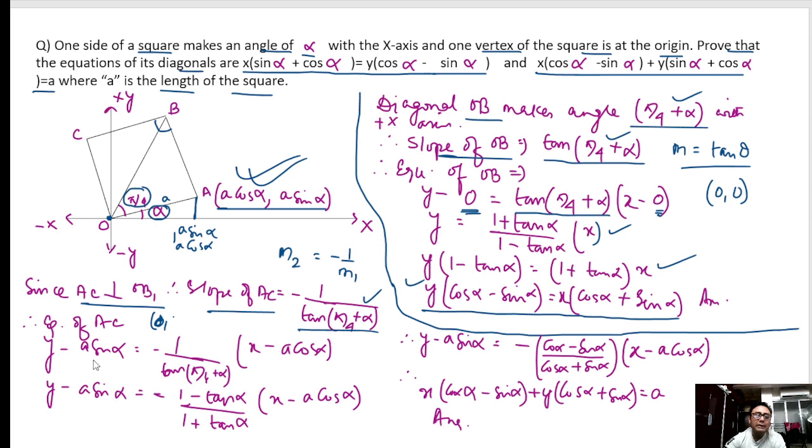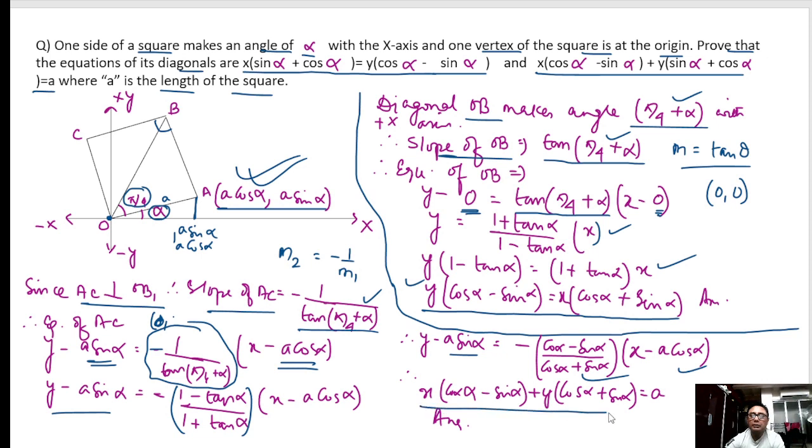So y minus y1 is m times x minus x1. So breaking tan of pi by 4 plus alpha, we get this. Now breaking the tan alpha and cross multiplying, we get this is the equation of the other diagonal AC.